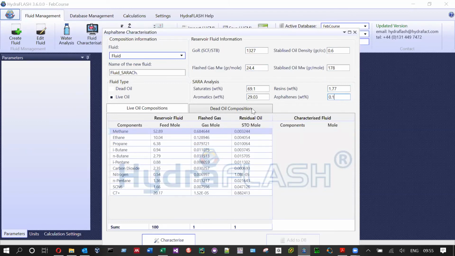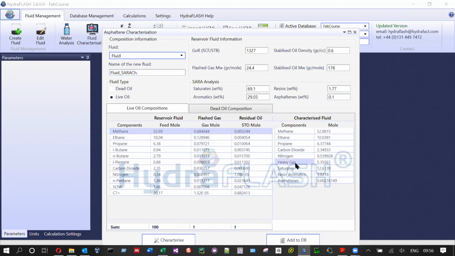Okay, so now I have everything here, and the new name for the new fluid is okay, and I just press characterize. When we characterize for asphaltene, we characterize the fluid for asphaltene calculations. We characterize the fluid into light components: methane, ethane, propane, CO2, nitrogen, and then lump the SARA fractions like saturates, resins and aromatics, and asphaltenes, and also heavy gas.